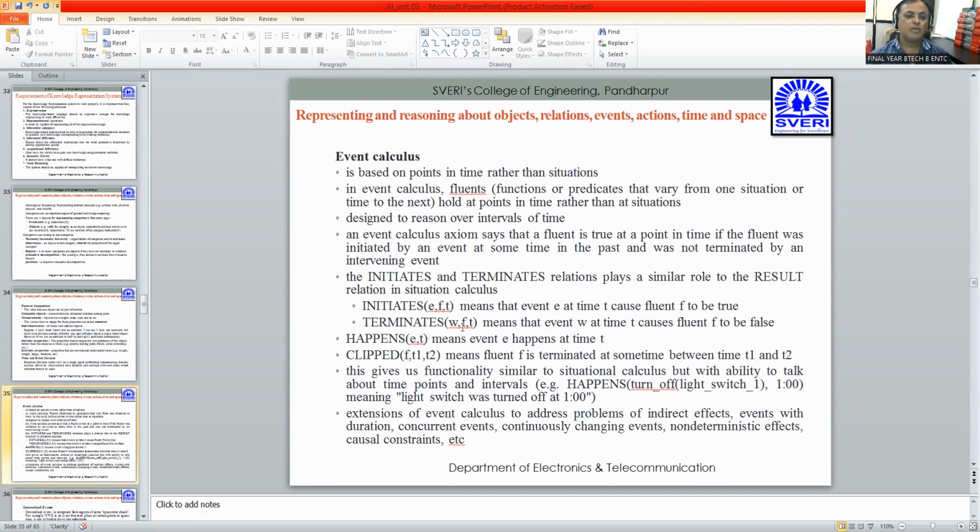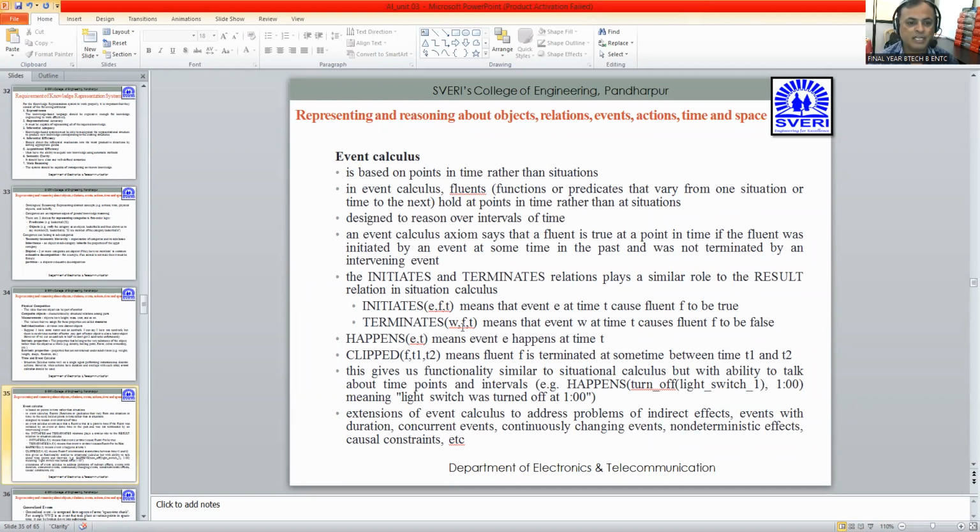Now, what are initiates and terminates, which are the same in situation calculus and event calculus? Initiates(E, F, T) means the event E at time T causes fluent F to be true.